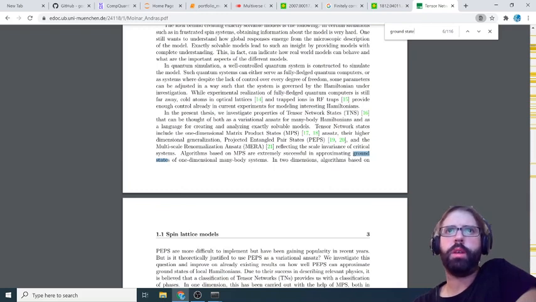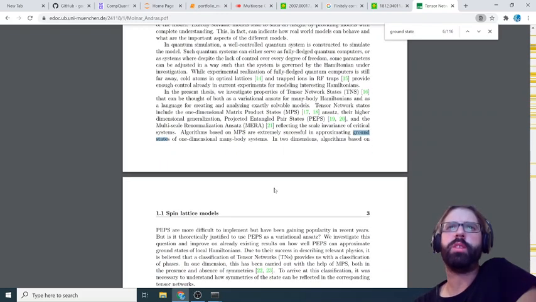Algorithms based on MPS are extremely successful in approximating ground states of one-dimensional many-body systems. In two dimensions, algorithms based on PEPS are more difficult to implement but have been gaining popularity in recent years.